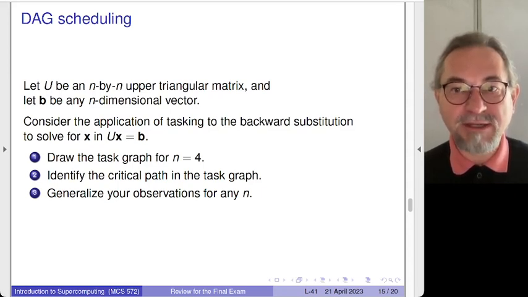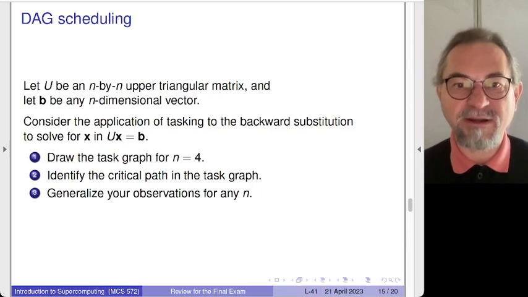You update the right-hand side vector with the last element. That's the second step. In the third step, you will compute x3 and then update again, in the fourth step, the right-hand side.